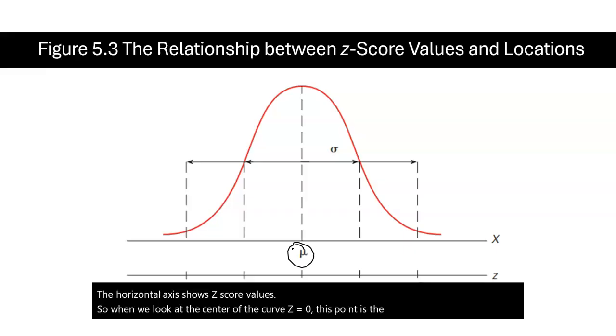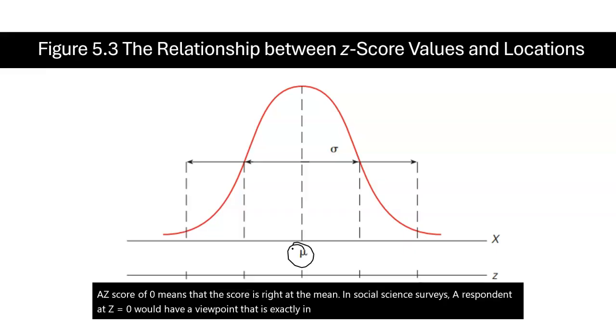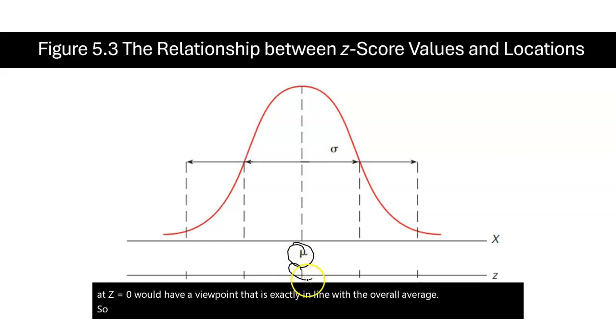A z-score of 0 means that the score is right at the mean. In social science surveys, a respondent at z = 0 would have a viewpoint that is exactly in line with the overall average. So this right here would be the overall average.